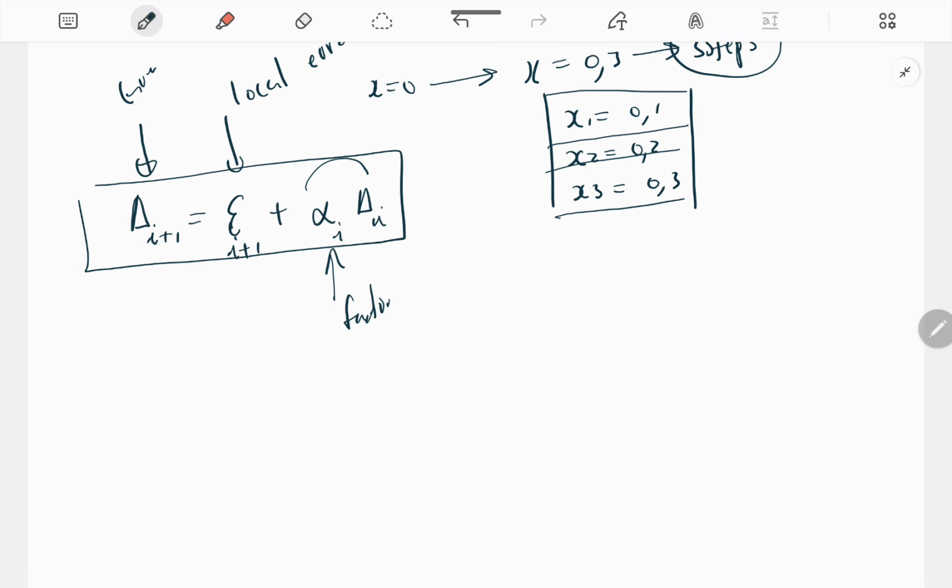So this one we can assert, can we? On top of that, something that I did say in class is that global error at 1 is equal to whatever error I accumulated at step 1, because there are no previous steps. And global error at 2 is going to equal error at 2 plus the previous global error multiplied by a factor. Let me call it alpha 1. Then I can simplify this and call it E2.